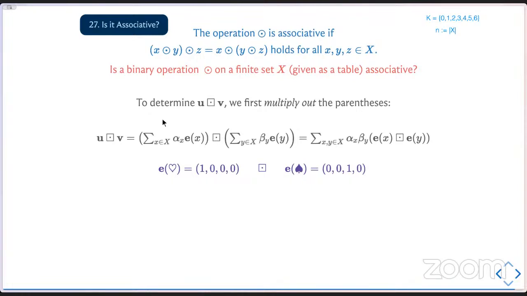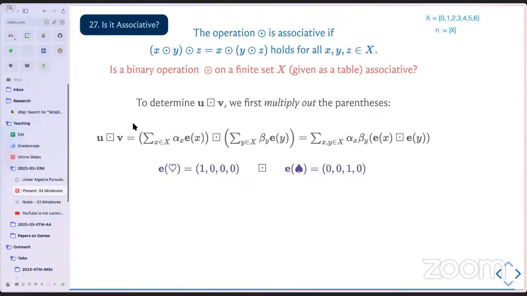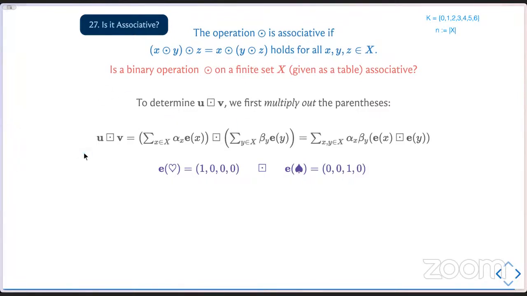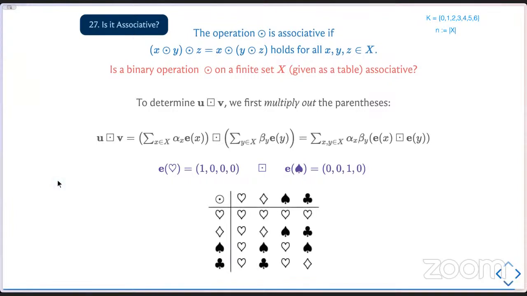Jayati also has a suggestion in the chat: get the index from the table and then do multiplication. So let me just say what I have in mind, and maybe you can check if that tallies with what you were thinking. And maybe Jagdish, you can also let me know if this makes sense.